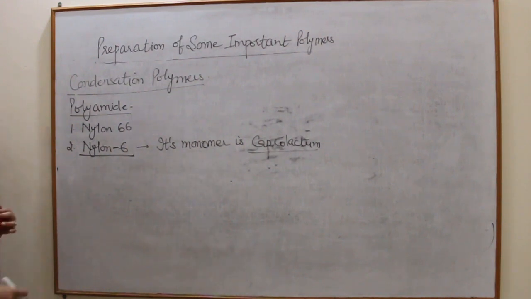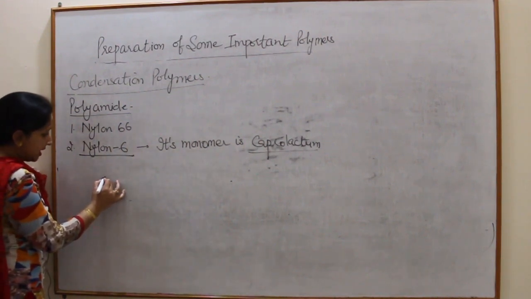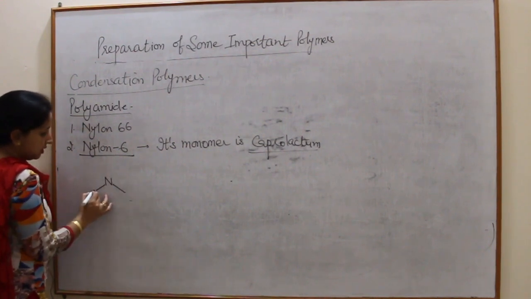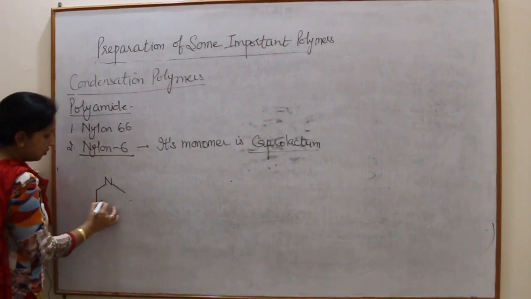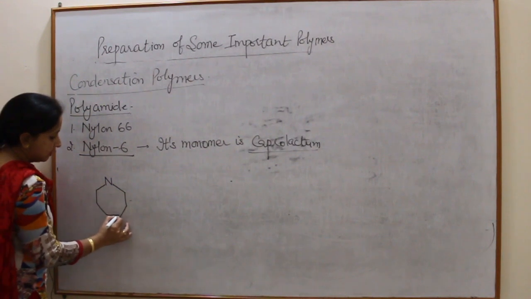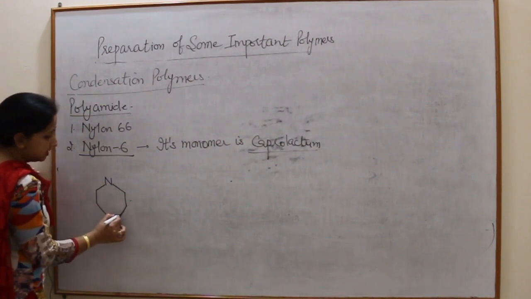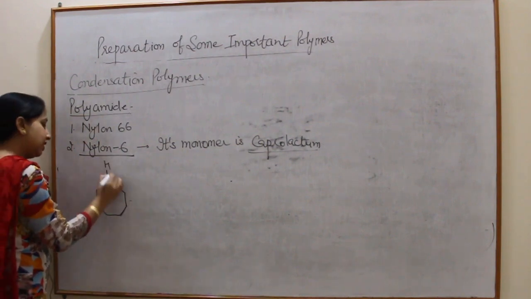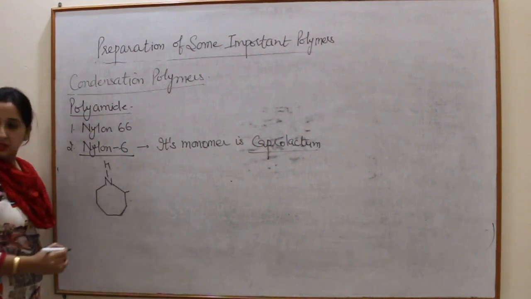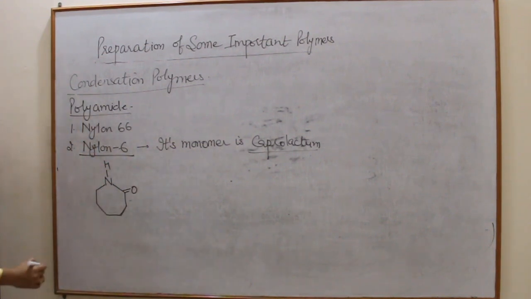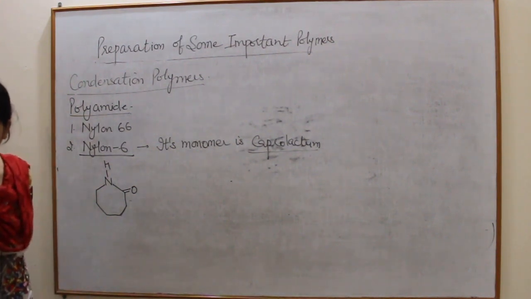So what is the formula of caprolactam? 7-membered ring: 1, 2, 3, 4, 5, 6 and 7. Basically it is a 7-membered ring containing NH and C double bond O. So this is your caprolactam.